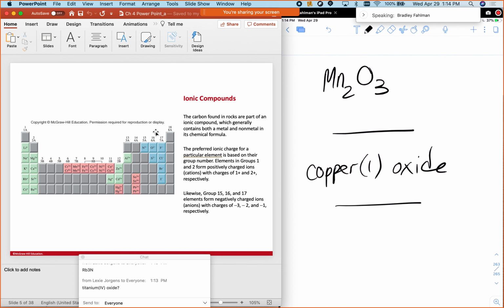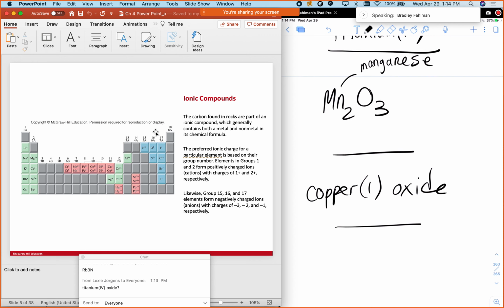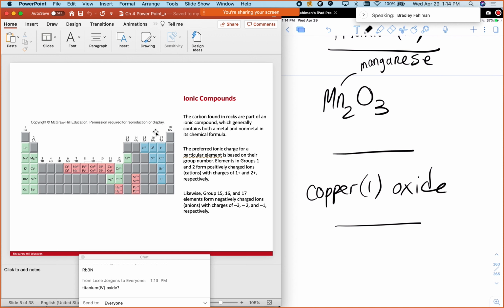Now this one, and you don't have your periodic table with the names in front of you, so that is manganese. So what do you think? Yeah, manganese 3 oxide.